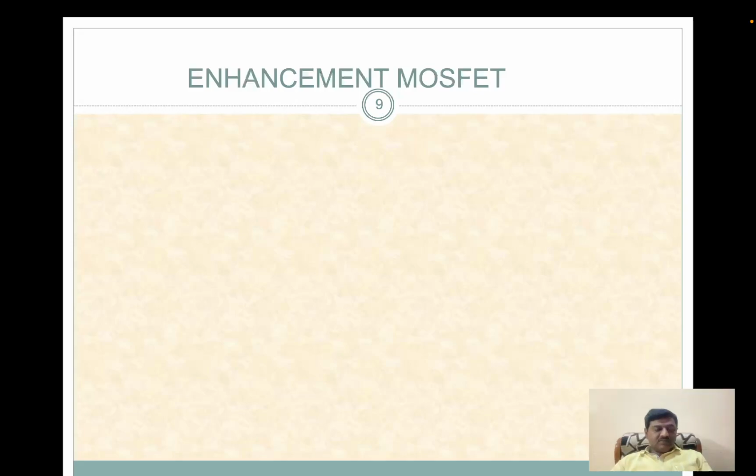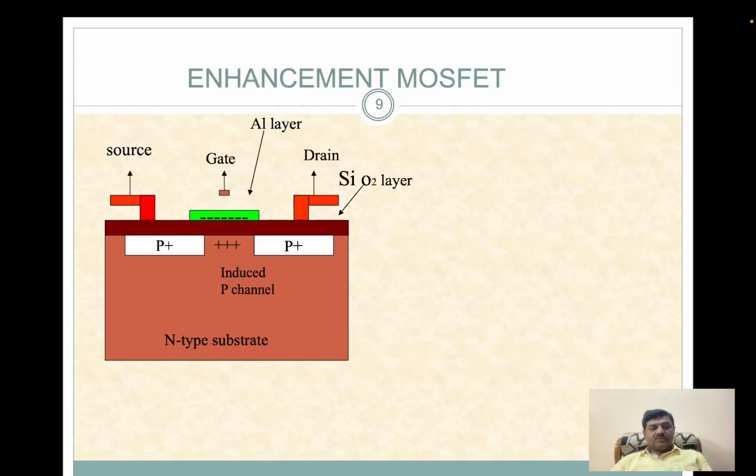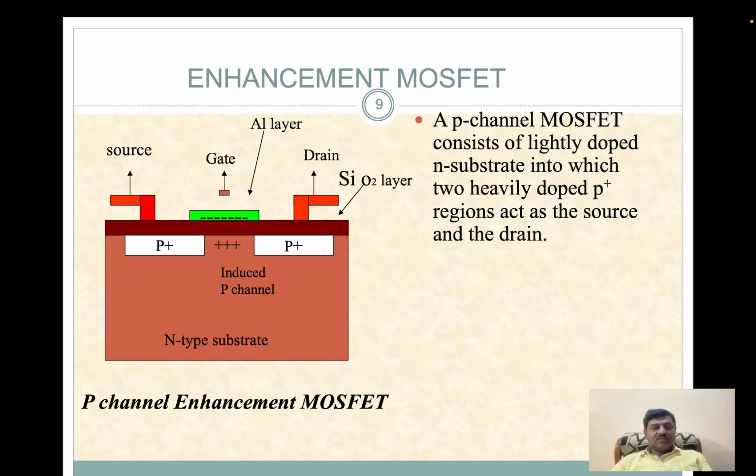First, let us see what is meant by enhancement MOSFET. The diagram shown here is called an enhancement type of MOSFET. This is called a P channel enhancement MOSFET. It consists of an N type substrate, where two heavily doped P type materials are formed.